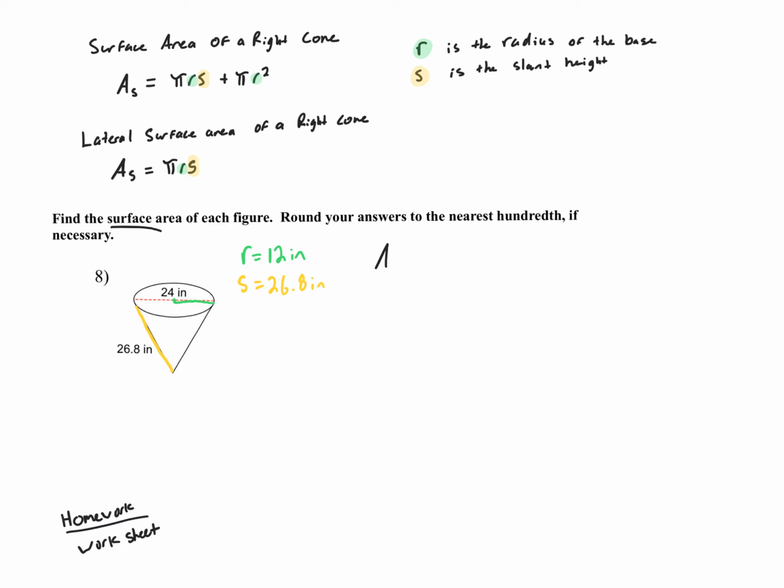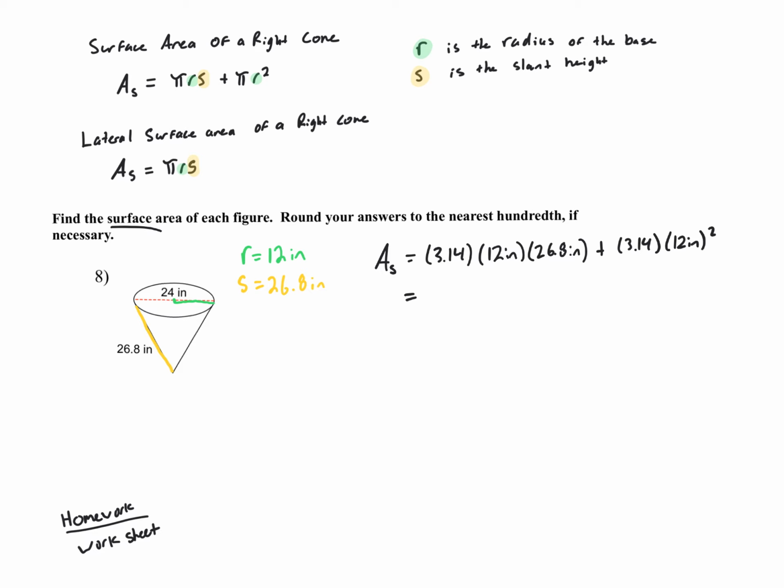So I'm going to say the surface area is going to equal pi. Since we're rounding to the nearest hundredth, I'm going to say 3.14 for pi, times r, which is 12 inches, times s, which is 26.8 inches, plus pi, 3.14, times r squared, which is 12 inches squared.